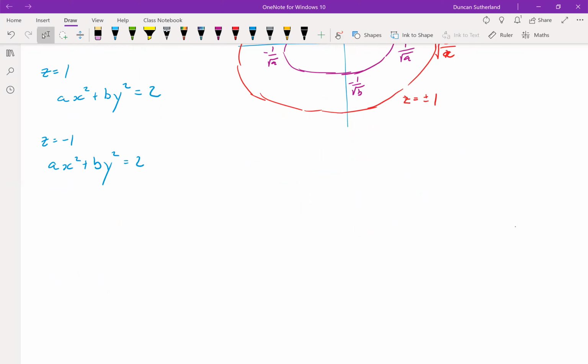Let's work out what some of these sections might be. So let's work out the x equals 0 section. That's going to appear in the YZ plane because they're non-zero.